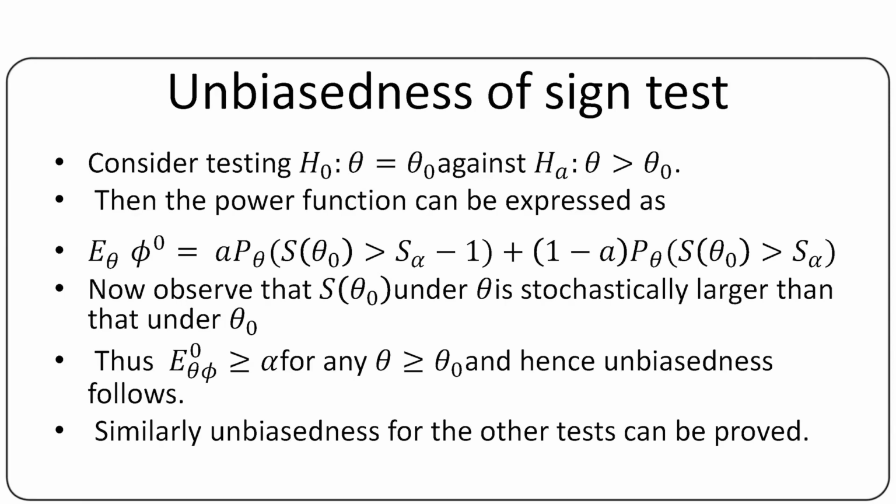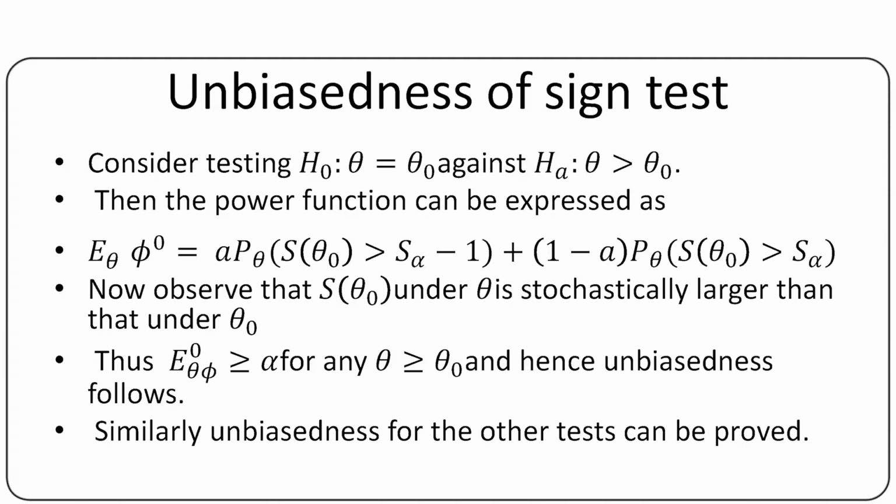Since probability under theta S theta naught equal to s alpha is nothing but the difference, probability S theta naught greater than s alpha minus 1 under theta, the power function can be expressed as a probability S theta naught greater than s alpha minus 1 plus 1 minus a probability S theta naught greater than s alpha, where both the probabilities are evaluated under theta.